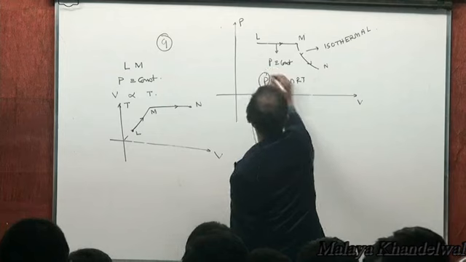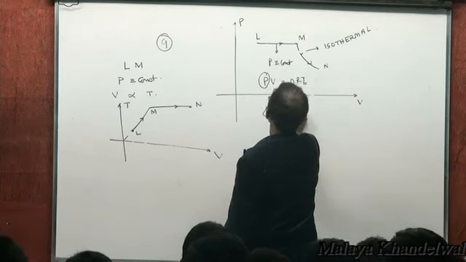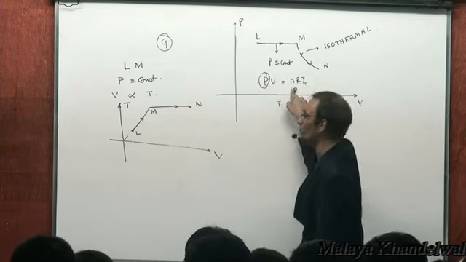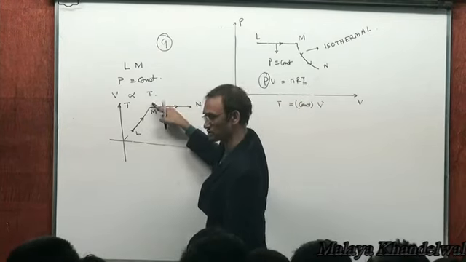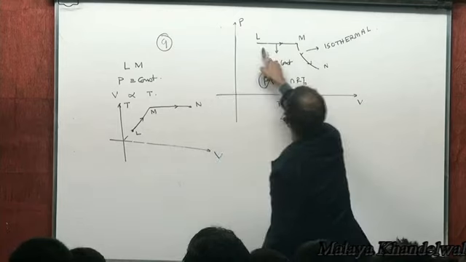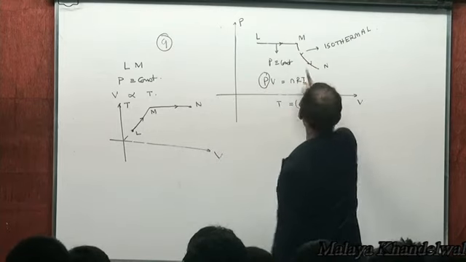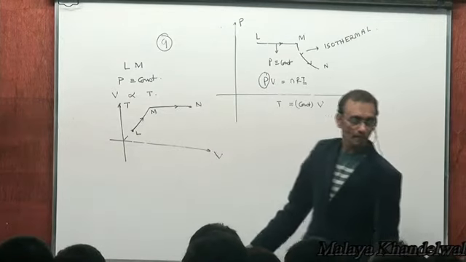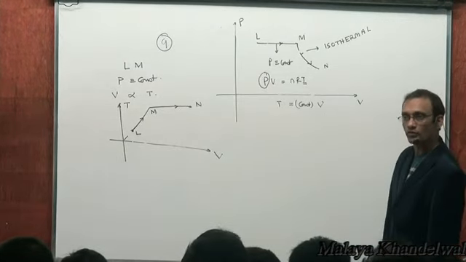If P is constant, then T versus V will be a straight line passing through the origin, T equal to some constant into V. And since the volume is increasing, temperature will increase from L to M. Is that all right?